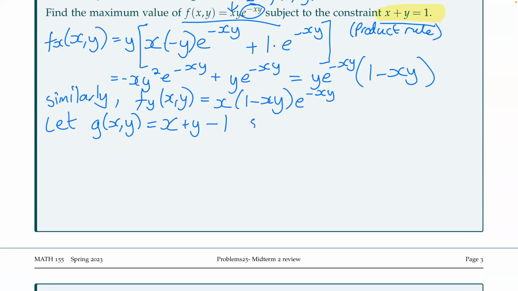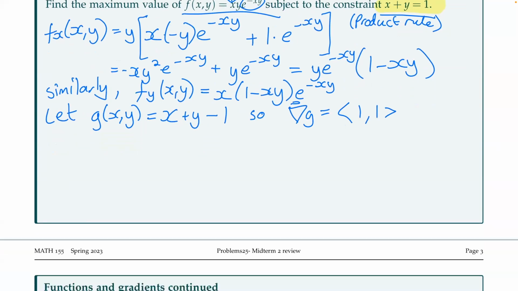We can also tell from this straight away that if we think about our gradient of g, this is, remember, the vector of partial derivatives. We're just going to have 1 here, because these are both linear in x and y. Okay, so now we need to use our method of Lagrange multipliers.